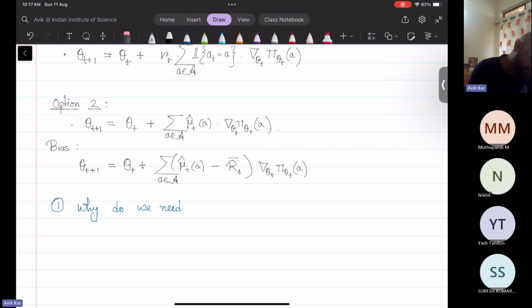Why do we need to add a baseline? And the second thing is, why the baseline doesn't change the update in expectation.